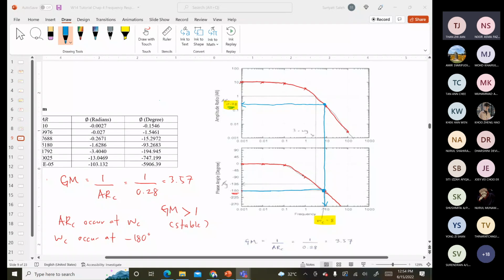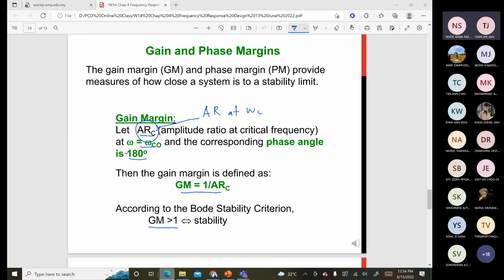So in this case, we use not only the gain margin. If we take a look at this slide, we have the gain and phase margin. Normally both need to be applied together. Not only the gain margin, we need to supplement it with the phase margin.